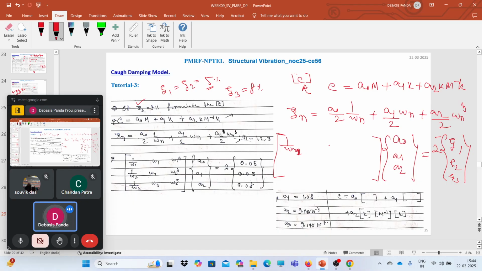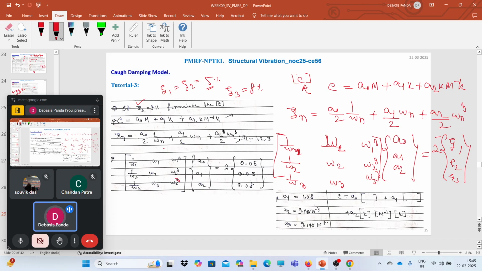So for the three modes, 1 by omega 1 and omega 1 cube for the first mode. Now 1 by omega 2, omega 2 cube. Now 1 by omega 3, and again omega 3 cube.